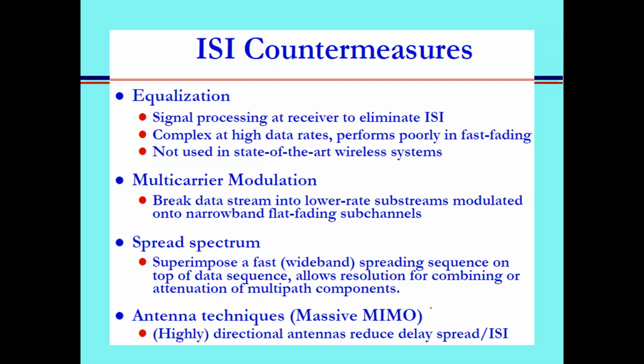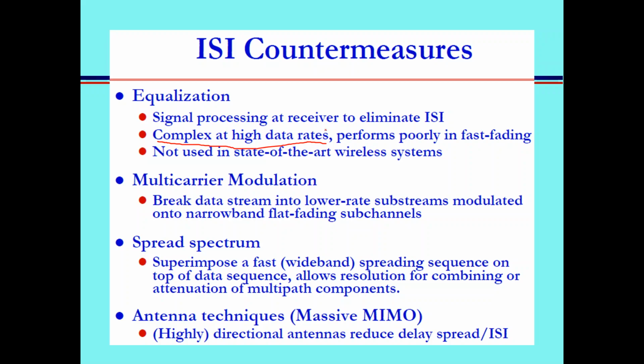Try to remove the effect of Doppler spread. Try to remove the effect of fading on your desired data. For that, we use signal processing at the receiver to eliminate inter-symbol interference. It's complex at high data rates. The equalizer, we can use up to a certain data rate at the receiver, especially in the time domain.